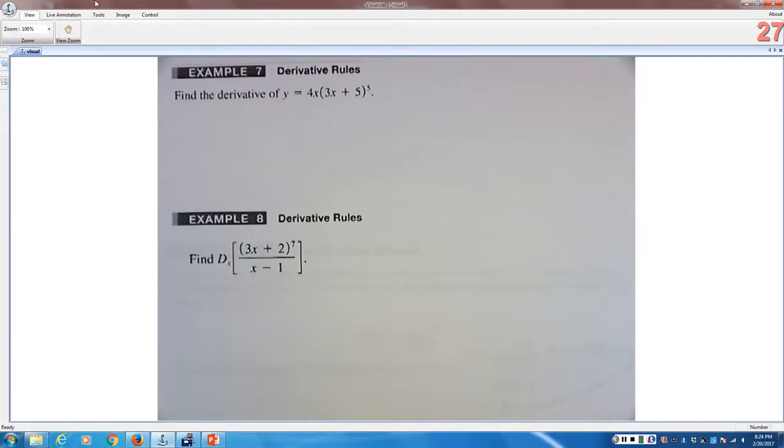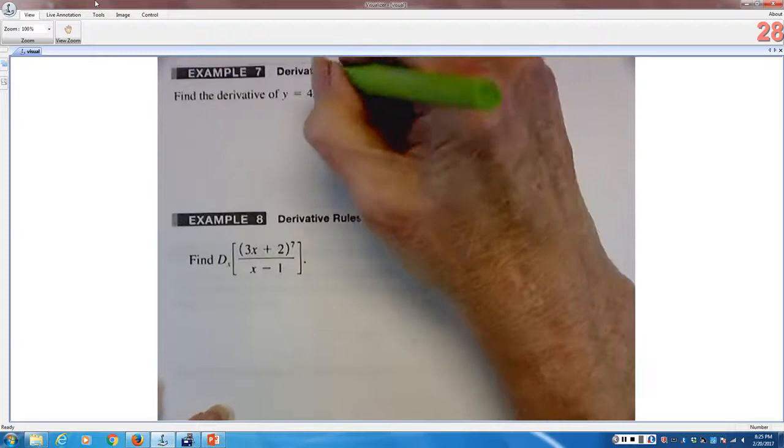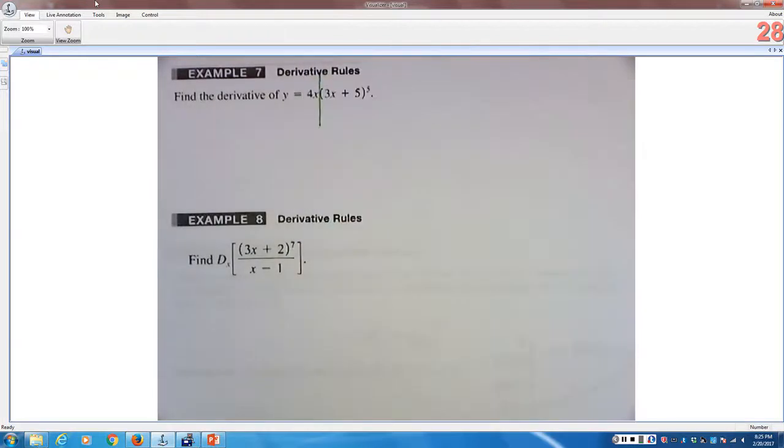So our next example, and this is going to mix last chapter and this chapter, so you're going to have to be careful. This is a product.